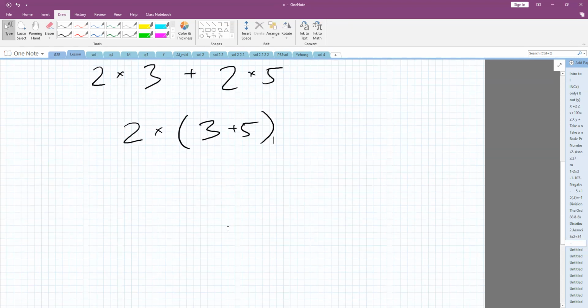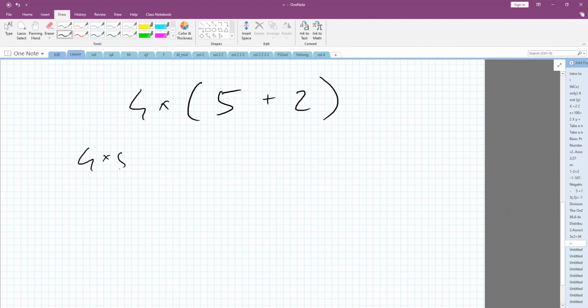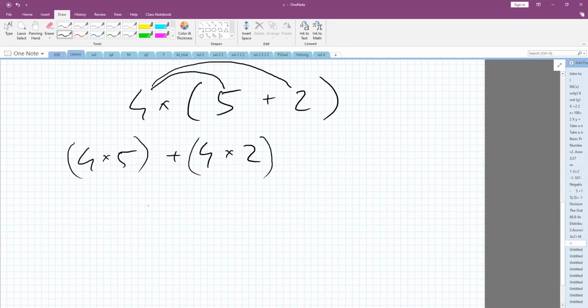Or now when you have, for example, 4 times 5 plus 2, you can expand it. So basically you have 4 times 5 plus 4 times 2. Because you multiply this is the first one, and then you multiply 4 times 2. Okay, so that is called the distributive property.